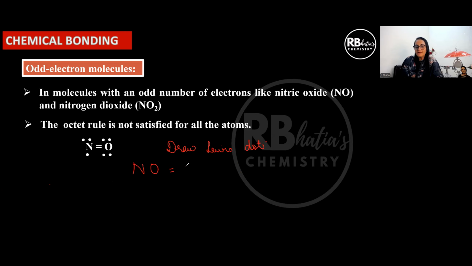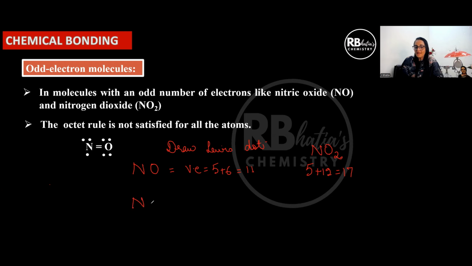The total valence electrons are going to be 5 plus 6, that is 11. And remember, whenever we have an odd total of electrons, like even in NO2, the total comes out to be 5 plus 12, that's 17, which means we cannot distribute them symmetrically with pairs of electrons, which is the norm.